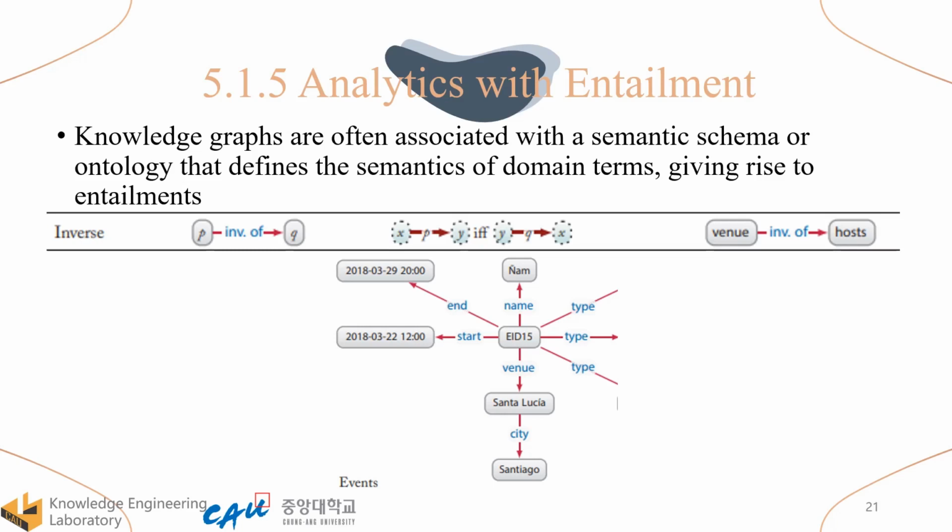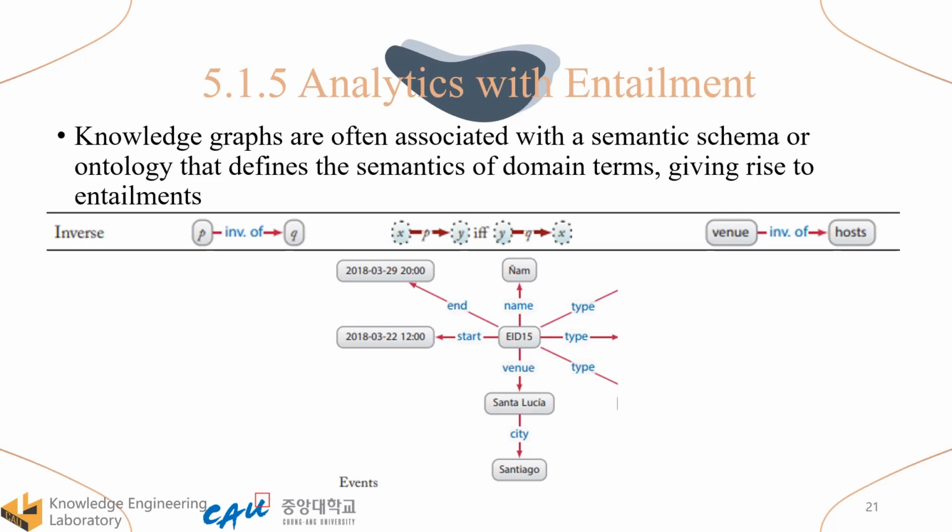For example, if the inverse axiom host of venue is called, observe that the edge Santa Lucia host EID 15 is semantically identical to edge EID 15 venue Santa Lucia. However, these edges are not equivalent in terms of analytical techniques that consider edge directions. Including one type of edge, another type, or both can have a major impact on the end result.